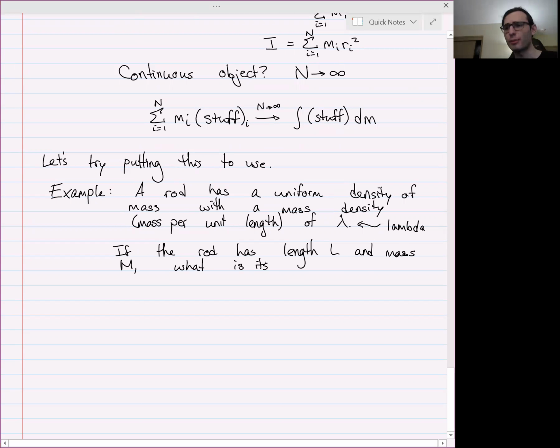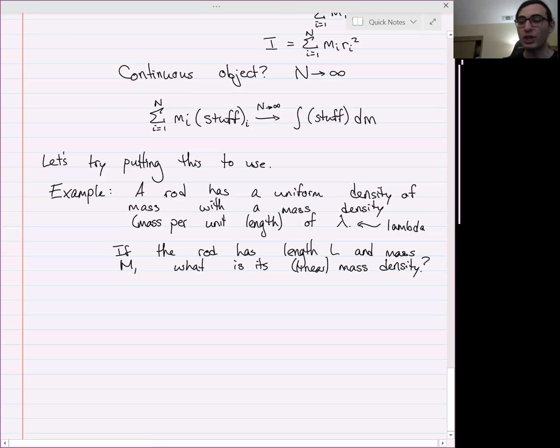People will often say linear mass density, by the way. The reason they might say linear mass density is because normal density is kilograms per cubic meter. This is density in a single direction, so this would be kilograms per meter, hence linear. What is its linear mass density?